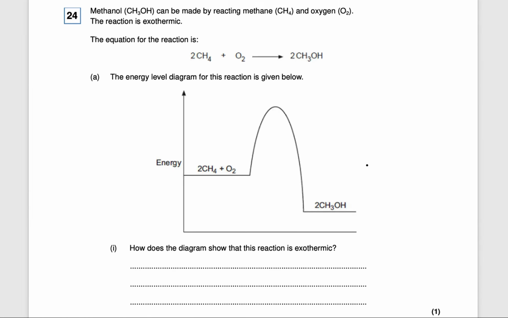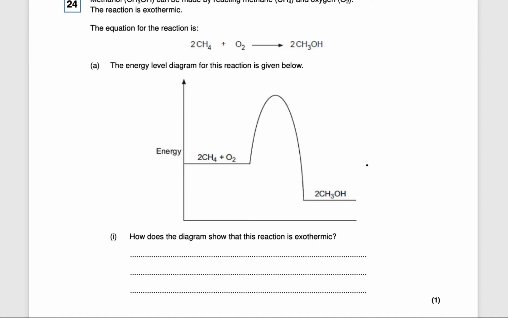Next question. Methanol can be made by reacting methane and oxygen. The reaction is exothermic. The equation for the reaction is below. The energy level diagram for this reaction is given below. How does the diagram show that the reaction is exothermic? Again, it's only 1 mark.